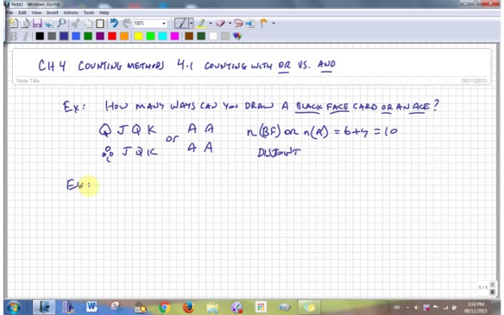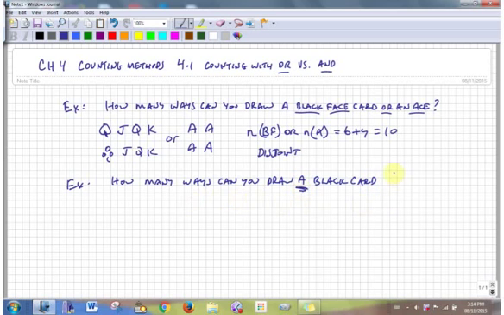How about, how many ways can you draw a black card? Any might have been a better word there.